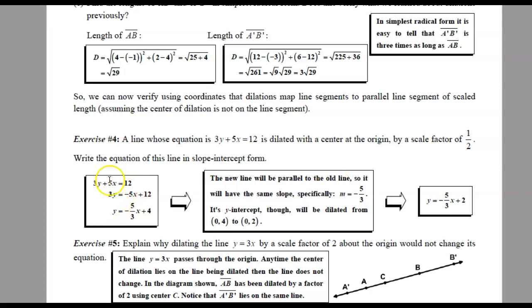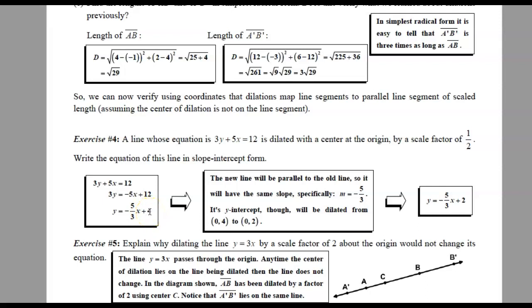So if we look at this equation in graphing form, solving for y, subtract the 5x, divide by 3, negative 5/3 x plus 4, one thing we know about that equation is that it has a slope of negative 5/3. And so therefore, any dilation equation should also have a slope of negative 5/3 because it's parallel. The second thing we know is that it has a y-intercept of 4.